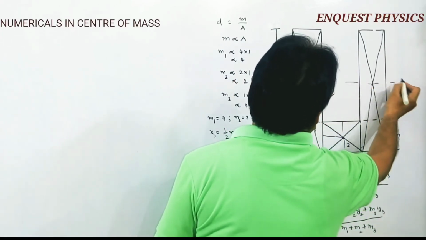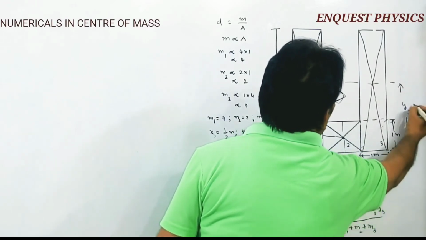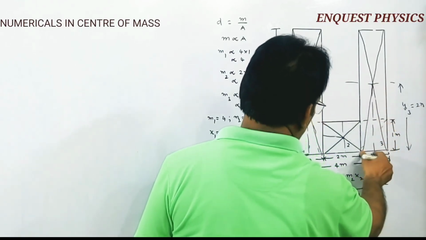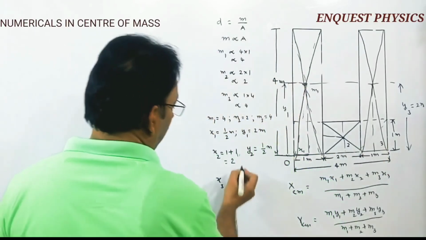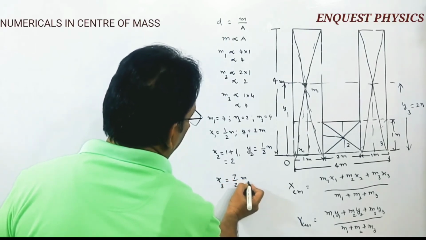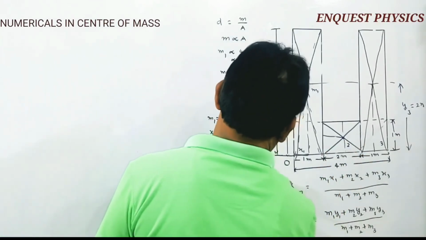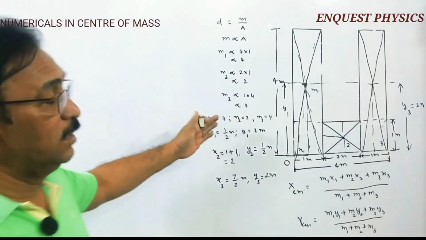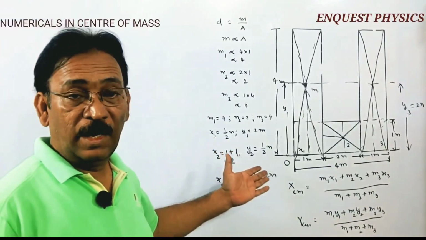It is the same as y1, it is y3, obviously it is 2 meter, and here measure this, it is 1 plus 2 plus half, 3 and half, means 7 by 2 meter, and y3 is opposite, it is 2 meter. We got the values of the coordinates, that is x1, y1, x2, y2 and x3, y3.